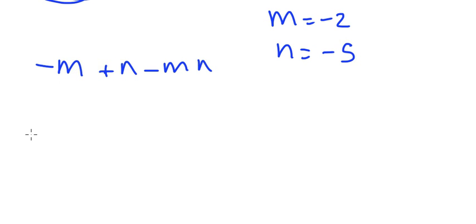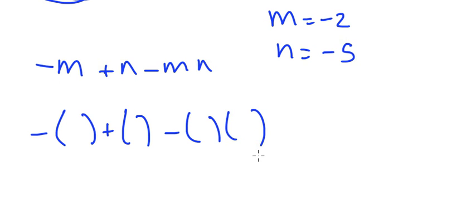So it's going to be minus parentheses, plus parentheses, minus parentheses, parentheses. Okay, that's how we do that. Because when we have a plus sign here, we don't include the plus sign in the parentheses. This is going to be -2, and it's going to be -5, -2, and -5.